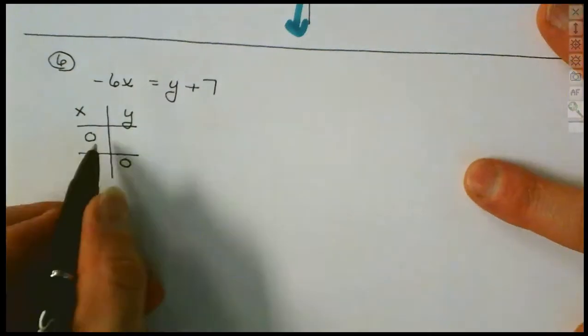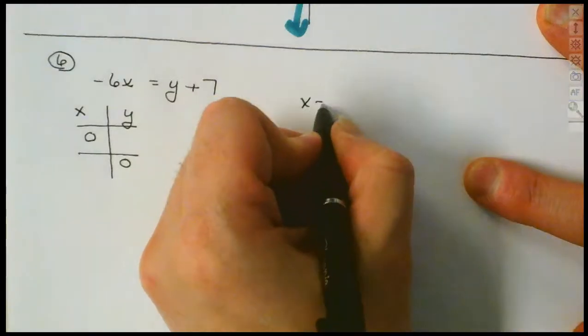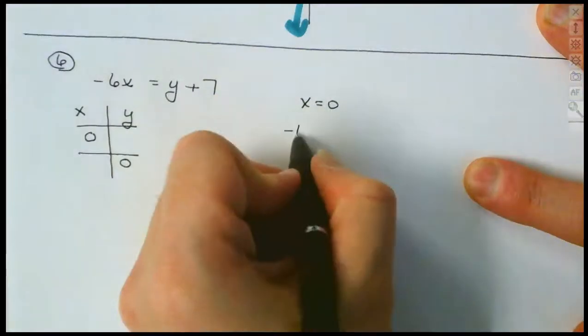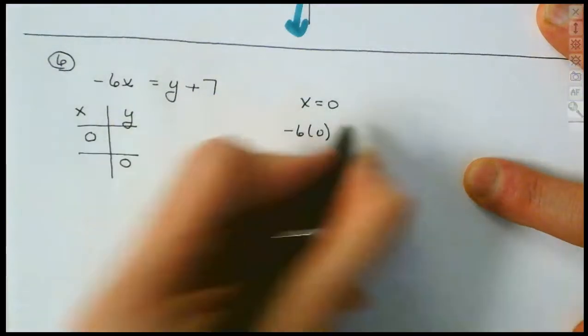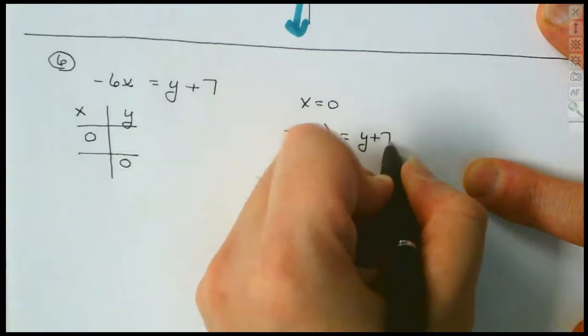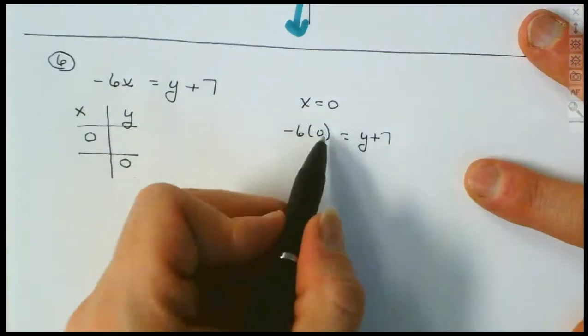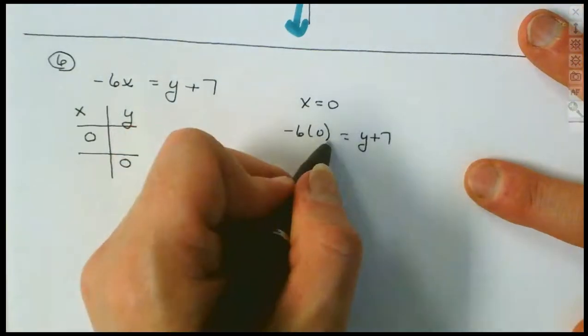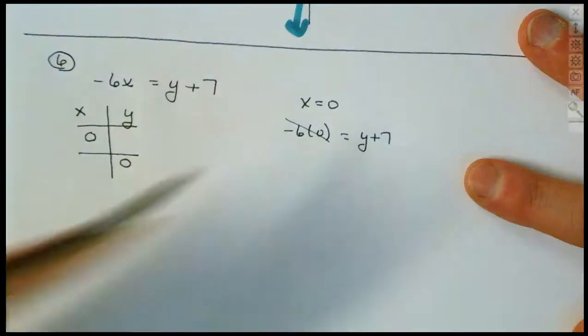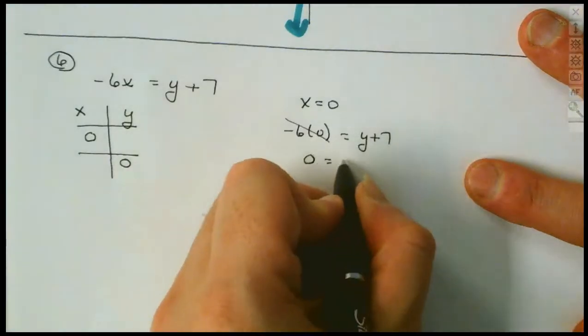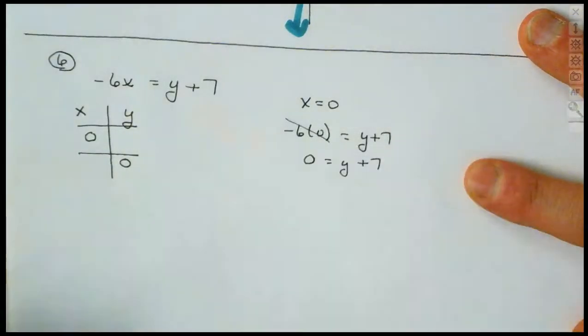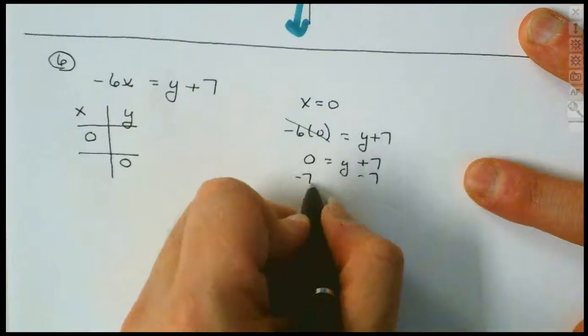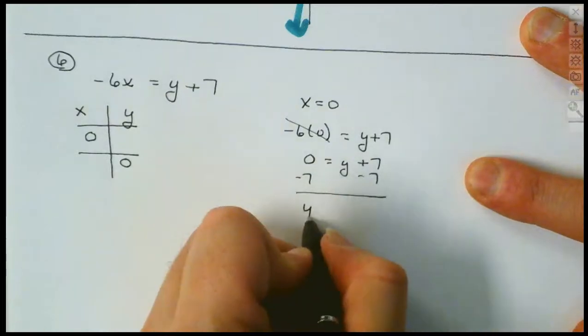So if I plug in x equals 0, that gives you negative 6 times 0 equals y plus 7. And negative 6 times 0, that goes away. That's still 0. Move that 7 over. And now what do we get?